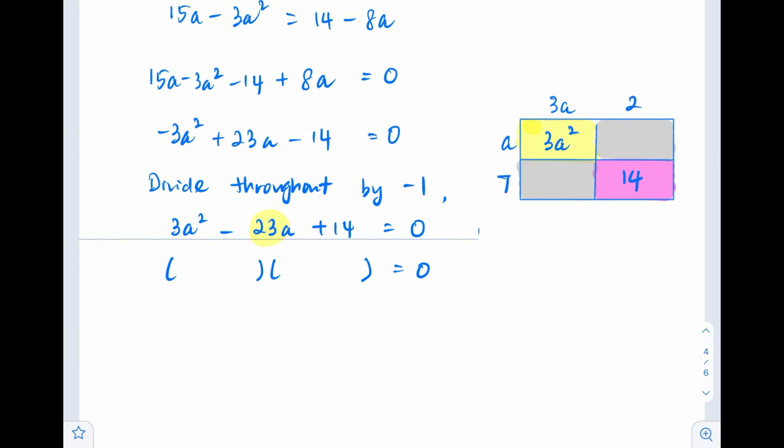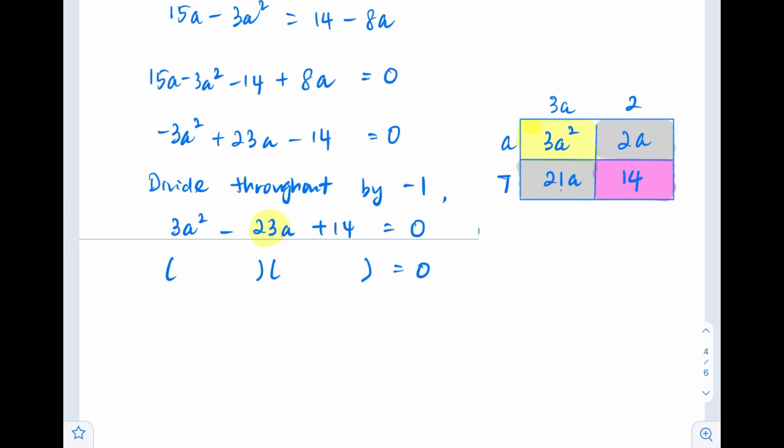If we do this, we are going to have 3a times 7, so in our first grey box we have 21a, and in our second grey box we have 2 times a, so it's 2a. Now we can see that 21a plus 2a is 23a, but we need to get negative 23a.